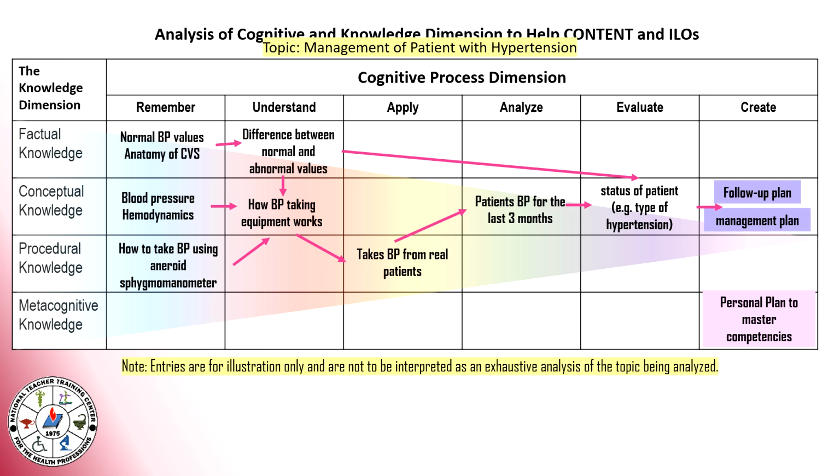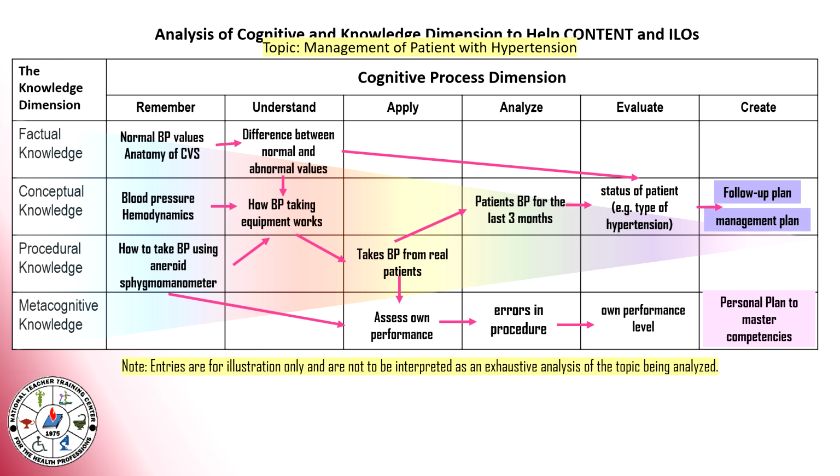So if you are now to go about metacognitive, then talk about how we use this knowledge of the different procedures, knowledge of how to take BP, in assessing performance. Let's say, did I do it correctly, or did I do it the wrong way? Because you know, then you will be able to analyze, and you probably would recognize errors in procedures, and the errors will be addressed by yourself.